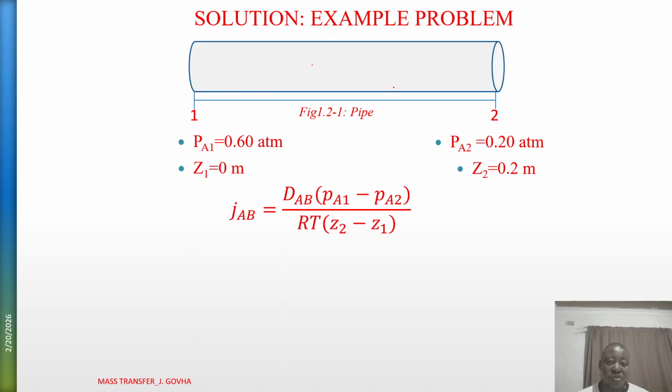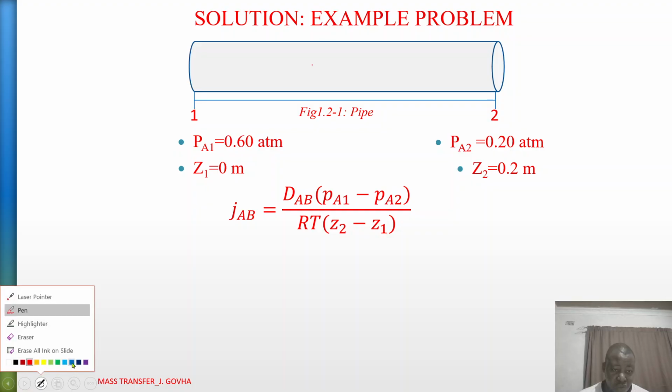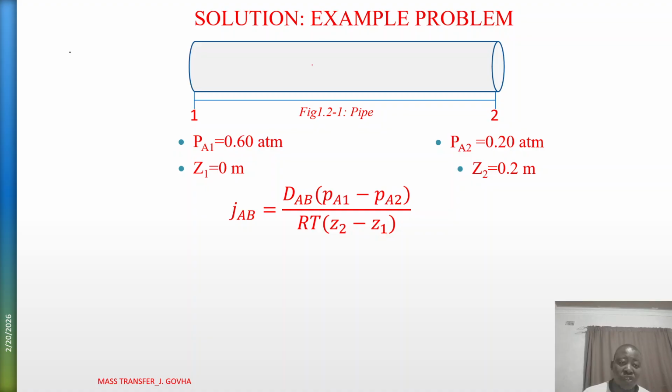So remember, we are moving from a scenario where our equation was JA is equal to minus C D dy over dz.